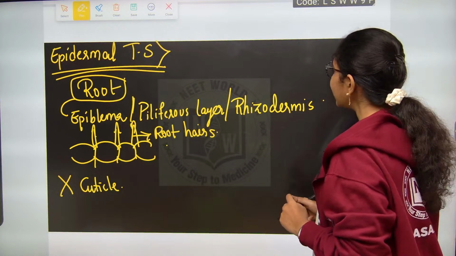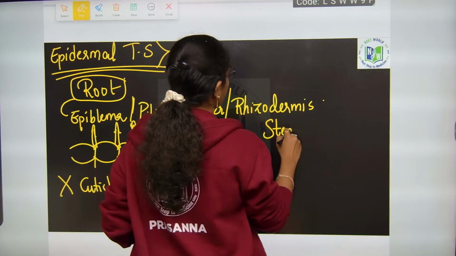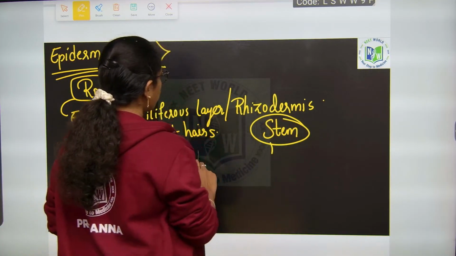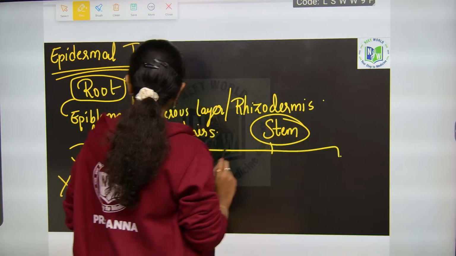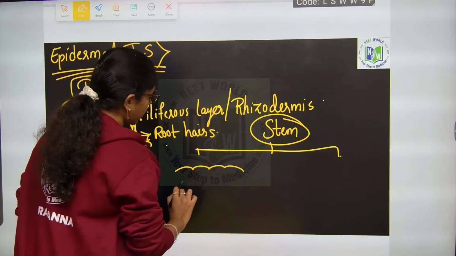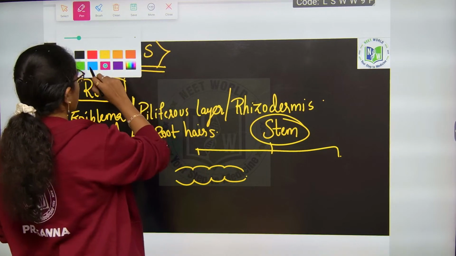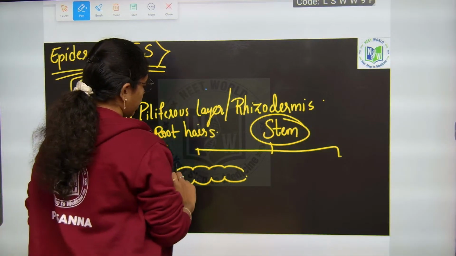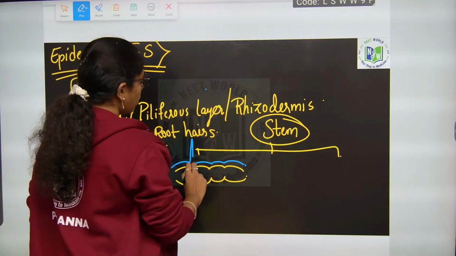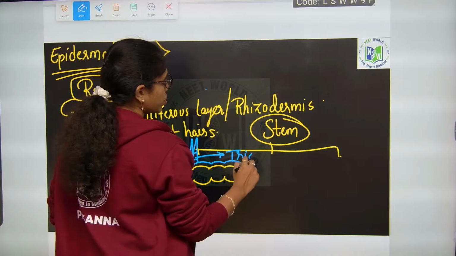Second is stem epidermis. So epidermis of stem will be having cuticle coating over it. Cuticle coating is present above the epidermis. Fine, and they have multicellular hair-like structures called as trichomes.